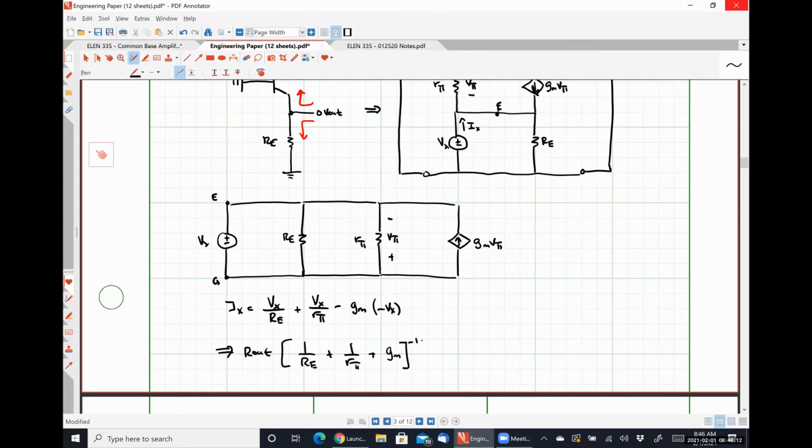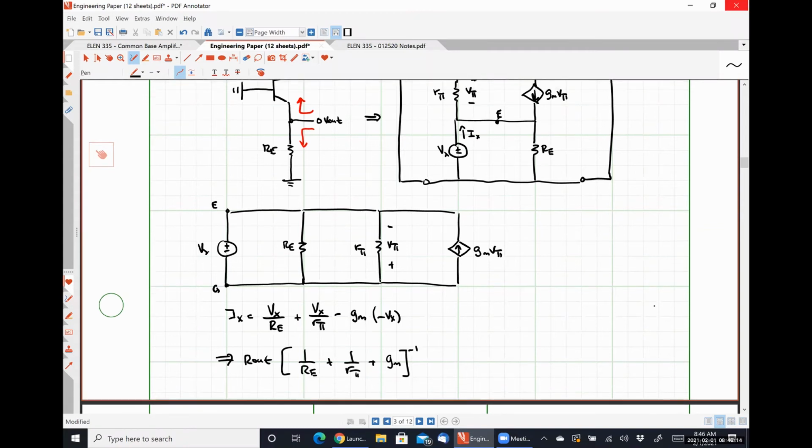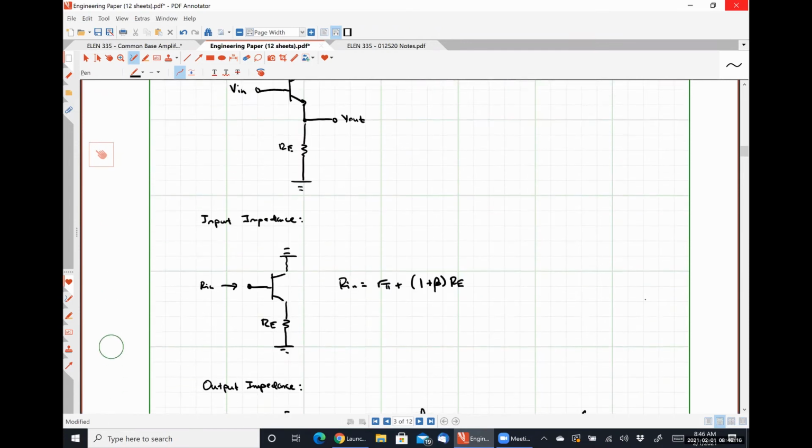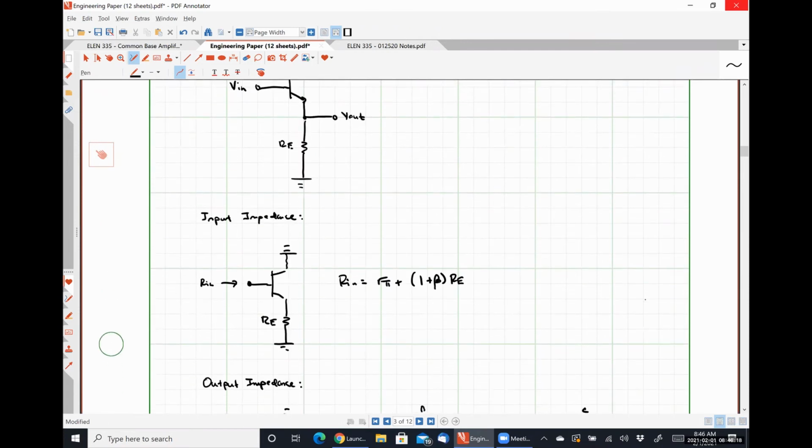So let's take a moment here to talk about the size or scale of my input impedance, right? So Rin is R pi, something on the order of a few kiloohms, plus 1 plus beta times Re. So what can we say about this input impedance? Generally speaking, it's going to be fairly large, right?